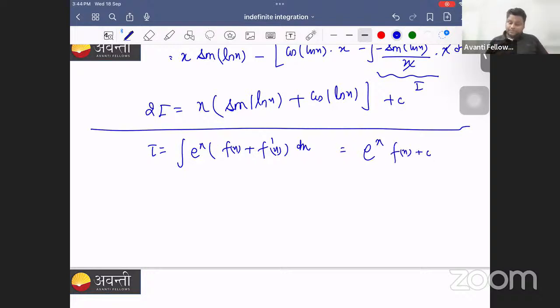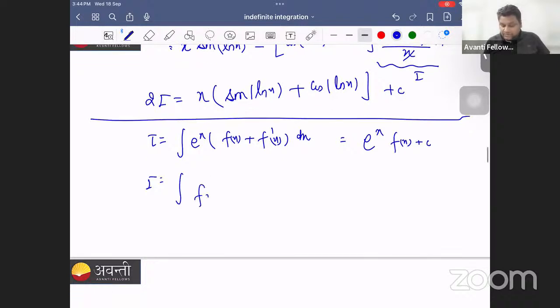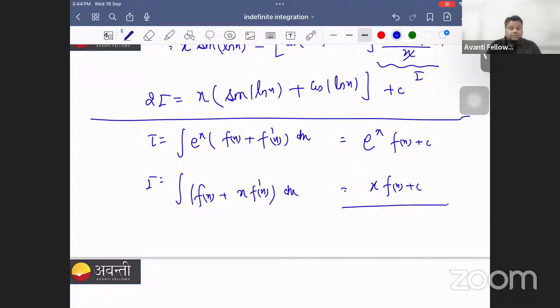Got it? And e to the power x, sorry, fx plus x f dash x dx. If you could identify an integration of this type, the answer will be directly x fx plus constant.